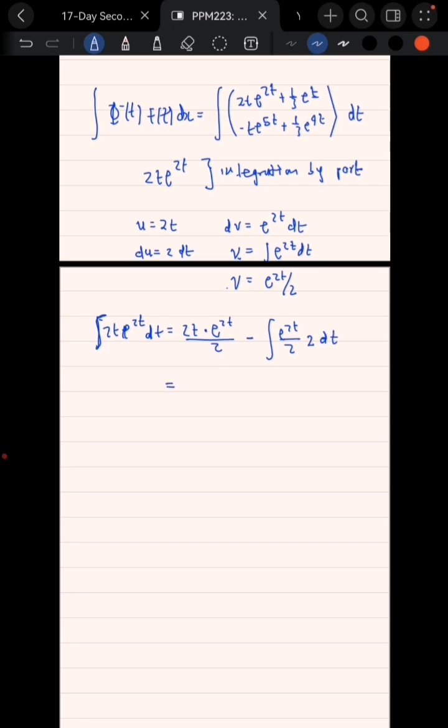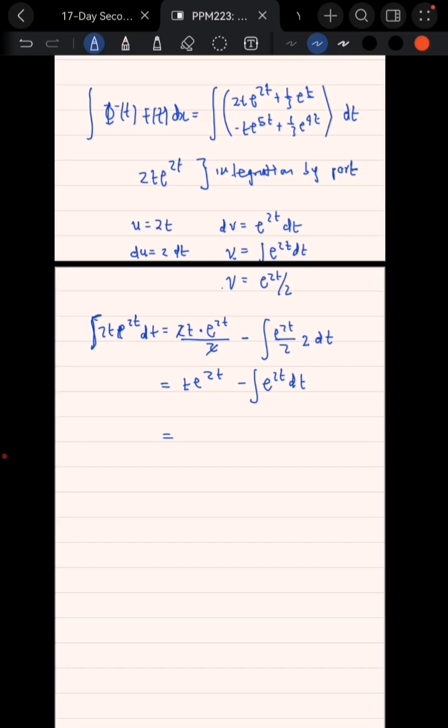And this will be equal to te to the power 2t minus the integration of e to the power 2t dt. This will be equal to te to the power 2t minus e to the power 2t over 2.